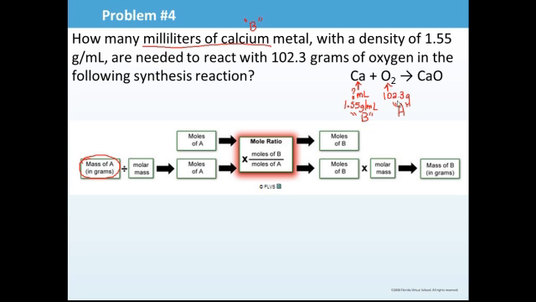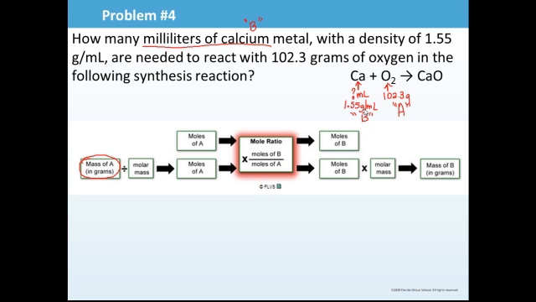Anytime you are given information about one chemical and asked to solve for another, you must do this chart. Notice how we are given the density of calcium. Remember that density has units of grams per milliliter. We can use grams to convert to milliliters.